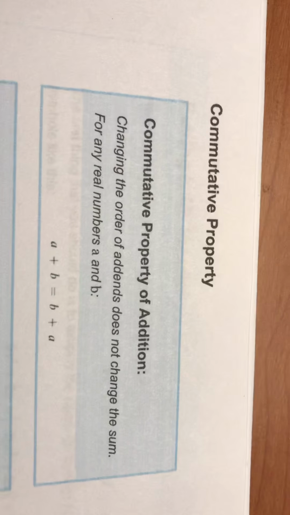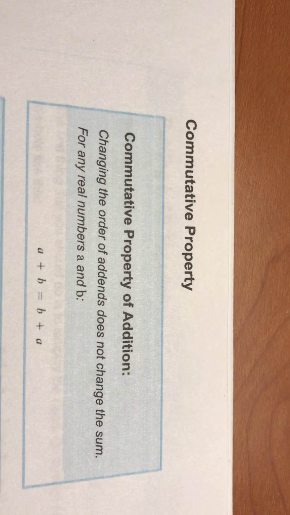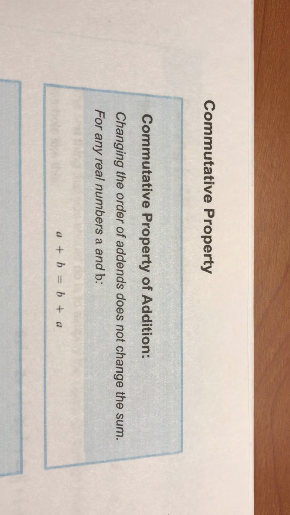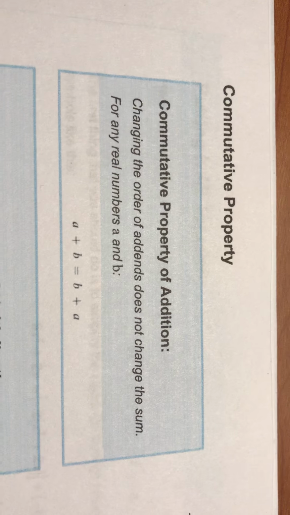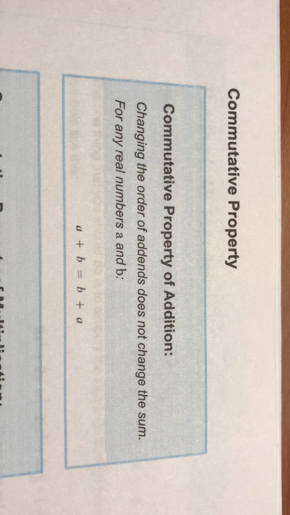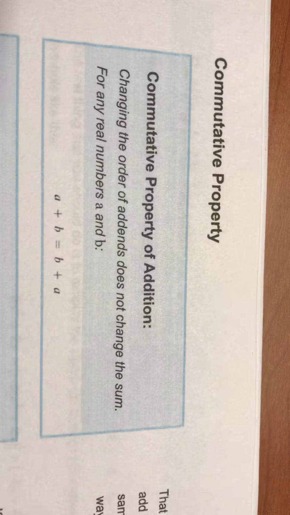All right? So commutative property. I probably am not saying it right, but I always say it that way, commute, because I think about commuting to work and back. There's commutative property of addition and commutative property of multiplication. It's basically the same thing.